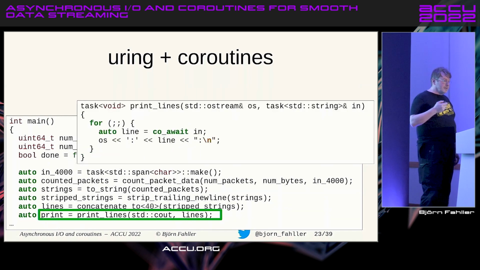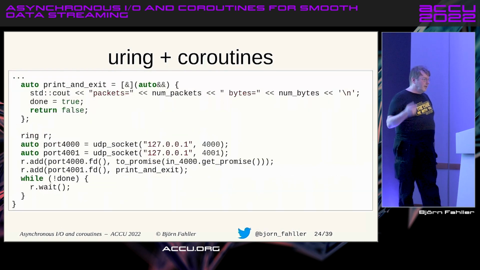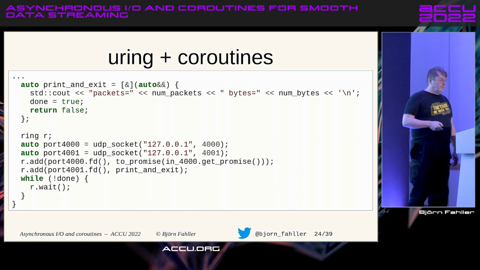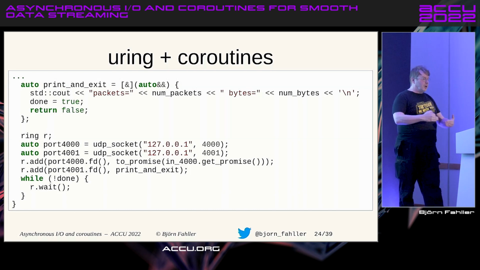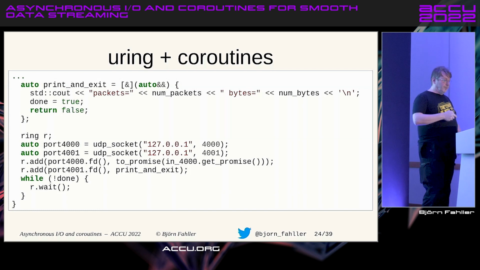And then print lines, that's just another coroutine that just prints. I set a colon delimiter just to make it a little bit easier to see where things are, and a newline. So what we do then is just this: add port 4000 with a toPromise, this helper that just calls the yield value function on the promise to make things happen in the pipeline.